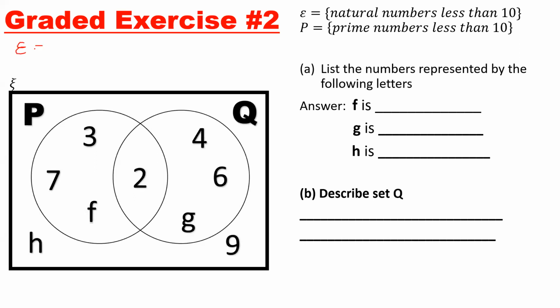All right. So the universal set contains what? All of the natural numbers less than 10. So what numbers are we going to have inside the universal set? 1, 2, 3, 4, 5, 6, 7, 8, 9.